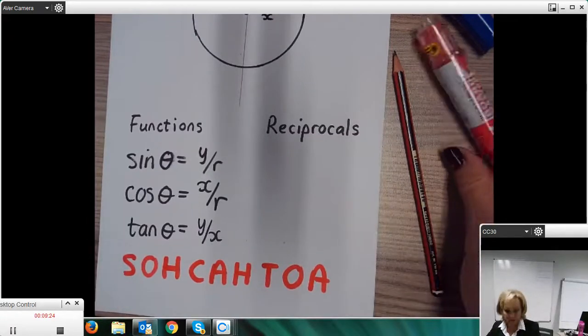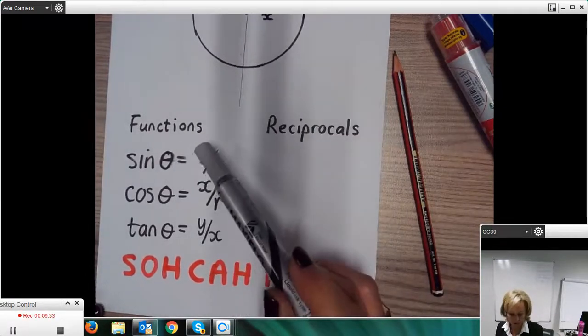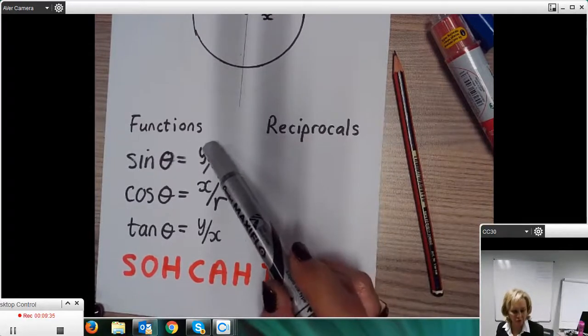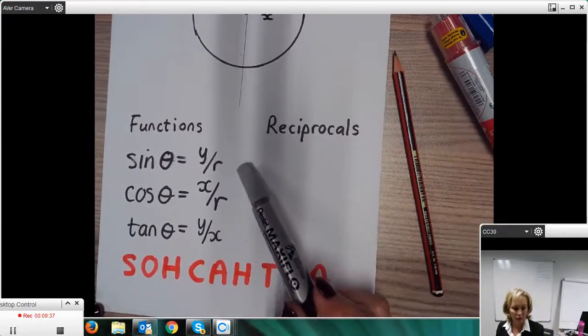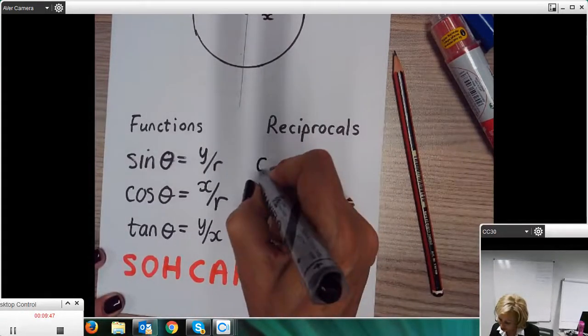Alright, now the reciprocals. If you remember, the word reciprocal means to reverse the position in a fraction of the numerator and the denominator. So the reciprocal of x, for example, is 1 over x. So the reciprocal of sine is cosec.